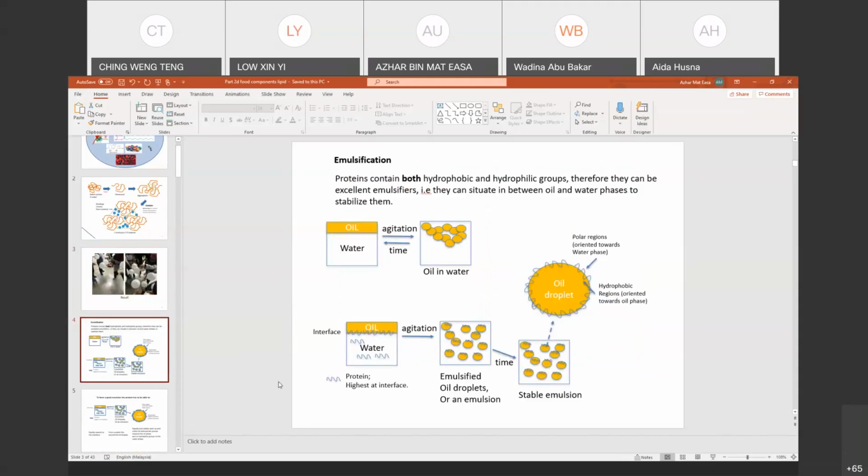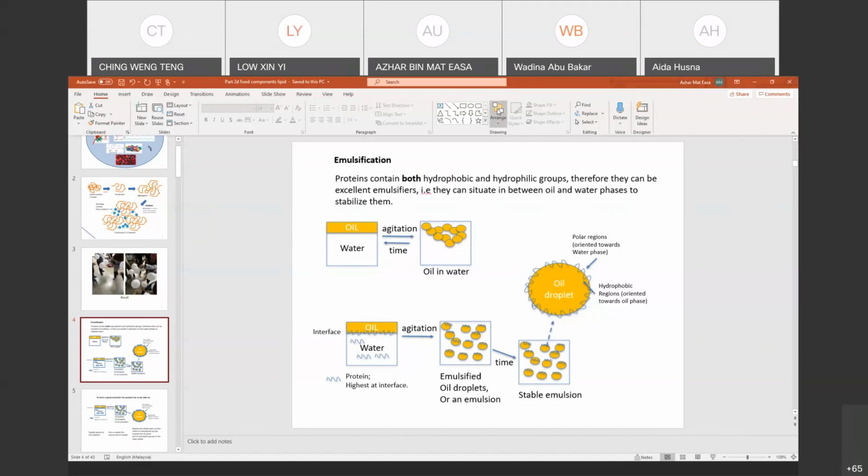Emulsification, just a recap. What you need to know here is that oil and water will not mix. If we agitate it for a long time, and we leave it on the bench, it will go back to the original because oil and water will not mix. And then we introduce protein.